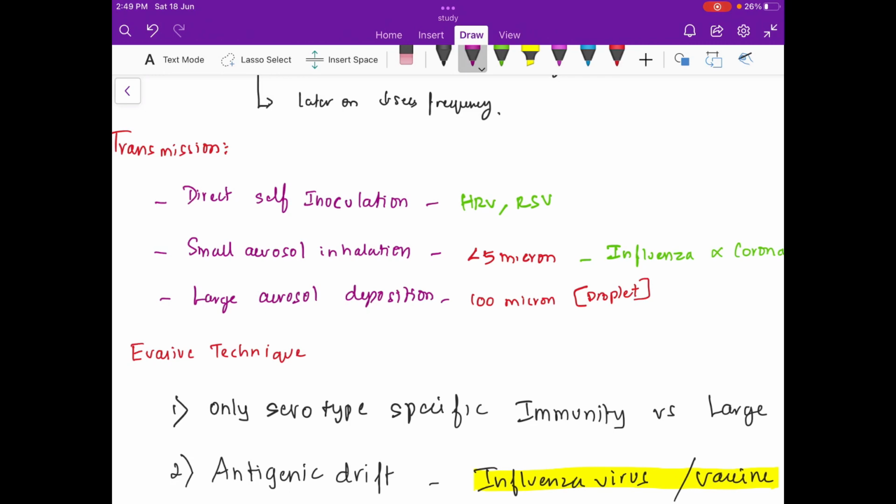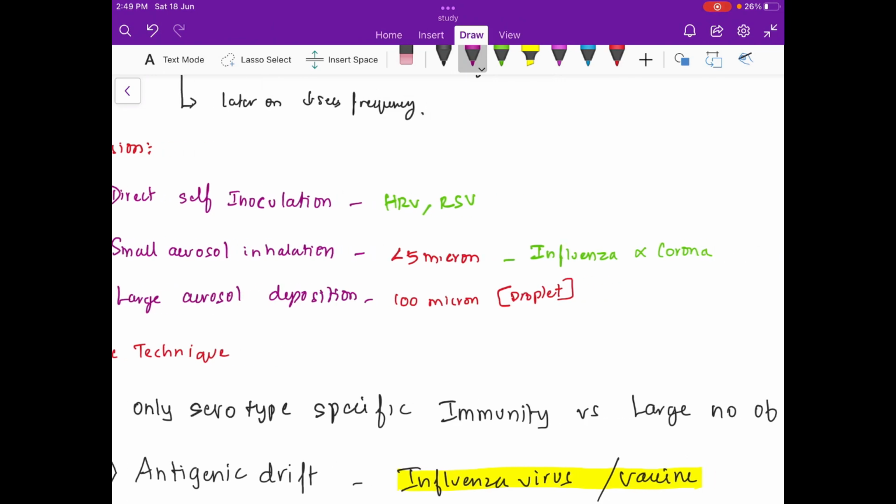In reading medicine, there has to be a basic level of English understanding. Small aerosol is given as inhalation because these small aerosols, by definition, are particles with size less than 5 microns, and influenza virus and coronavirus are majorly spread by small aerosol inhalation.